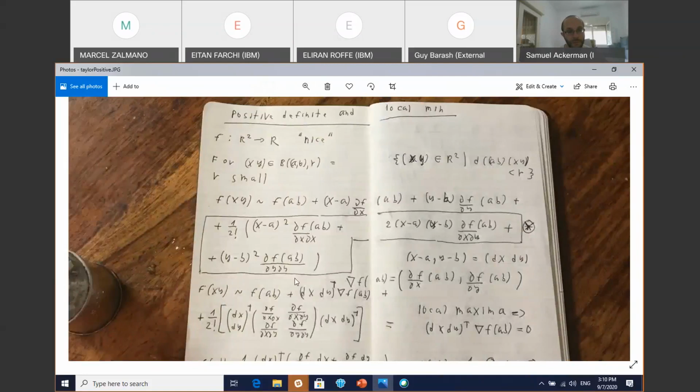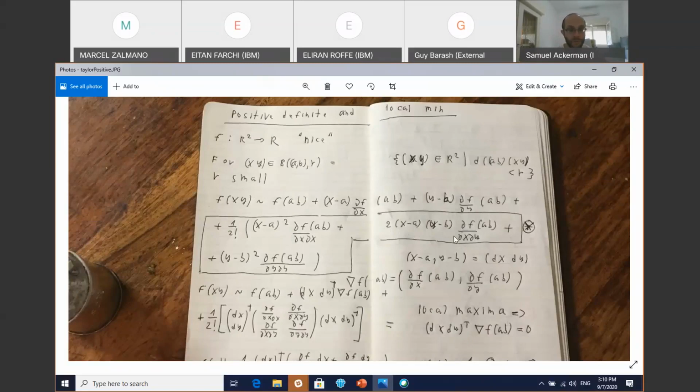And then plus 2 times x minus a, y minus b, the partial derivative of f by x and then by y. I said 2 times this because the order doesn't matter whether you take the derivative by y first or x first.